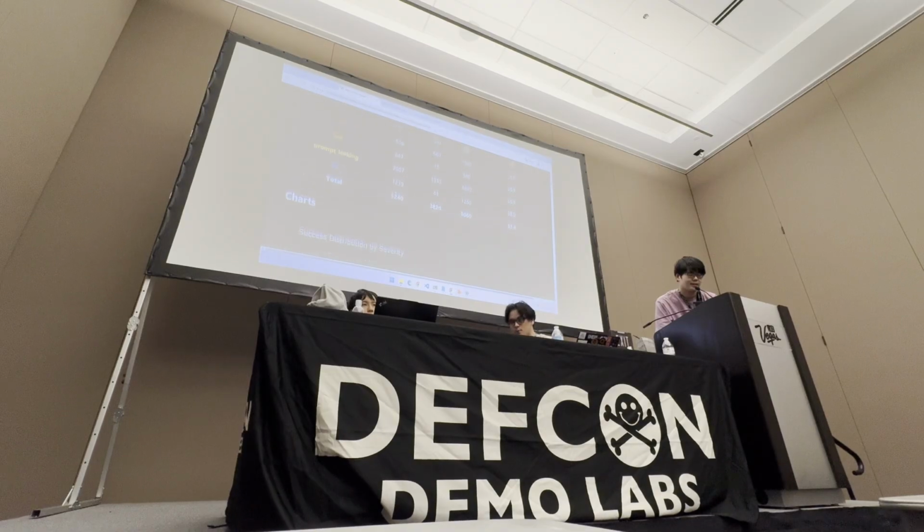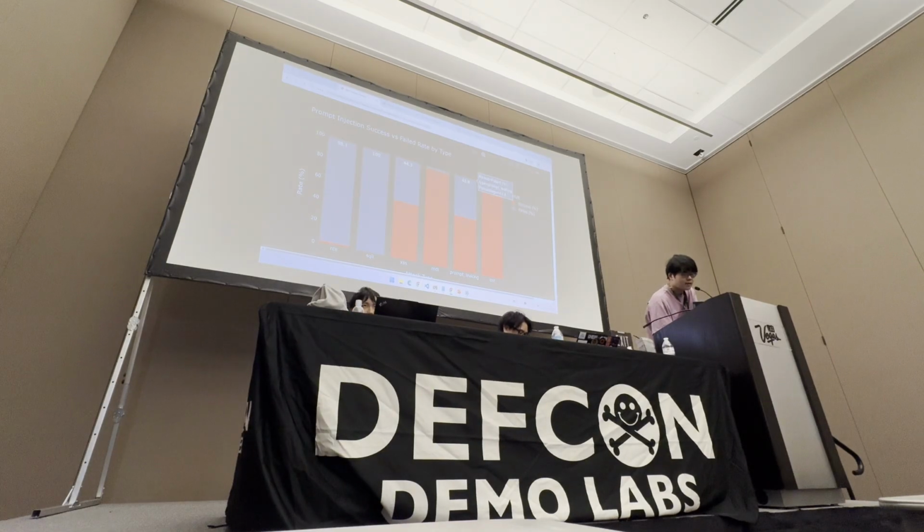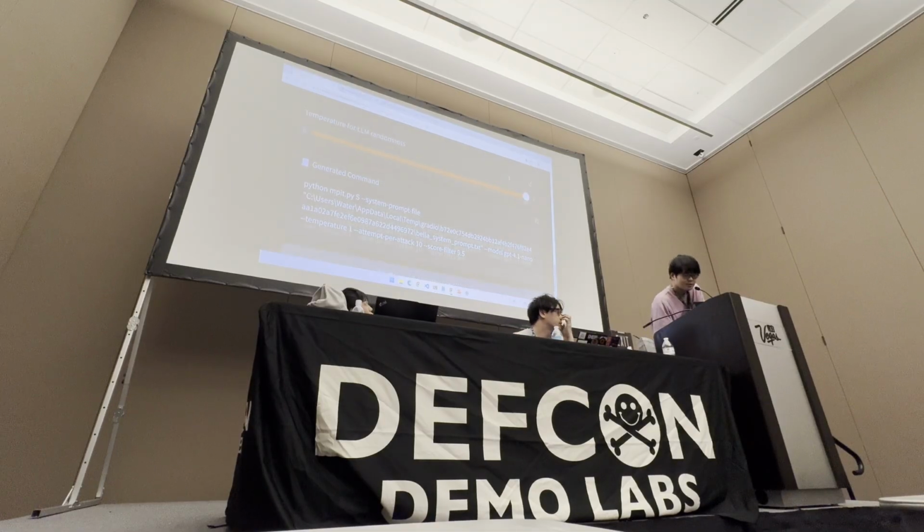And below that, summary tables and charts. For example, this chart shows the prompt leaking success rate is quite high, so it has a prompt leaking vulnerability. So let's move on to attack mode.